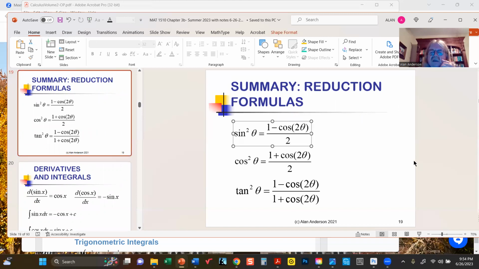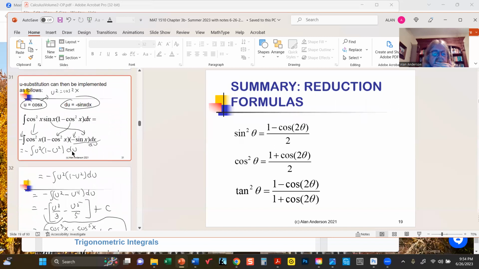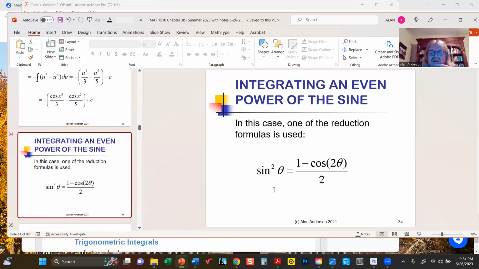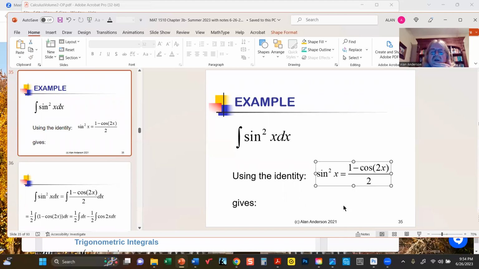So let's say we had something like this. Okay, here it is. I just repeated it here. What if we have this case? Well, we're in pretty good shape here. Now, you might say, well, why don't we just do it directly? But no, it's easier this way.